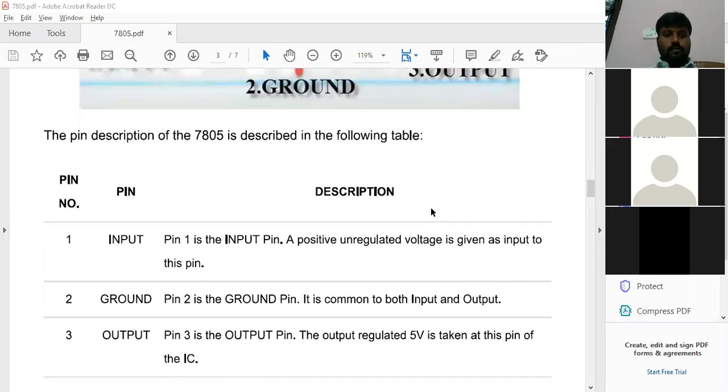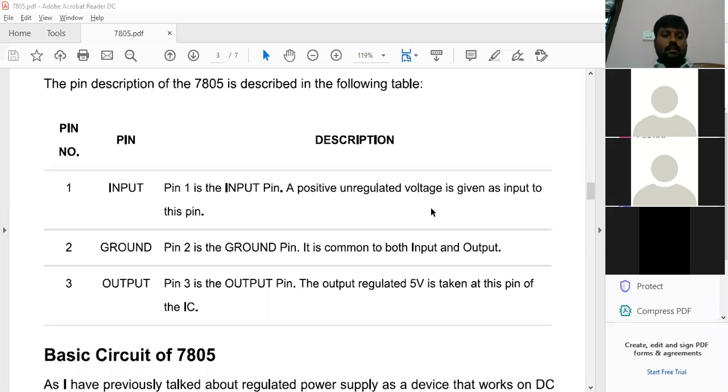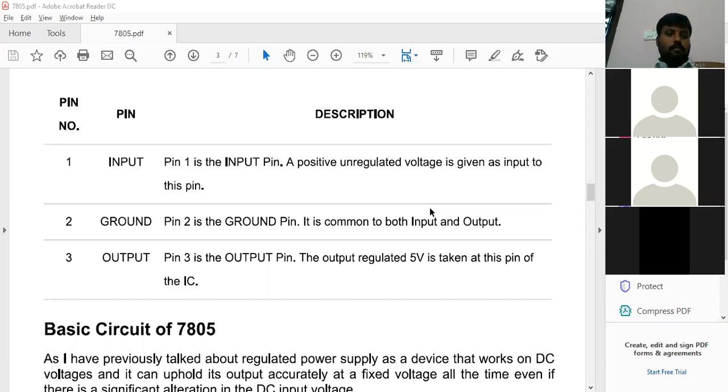Now, here a brief description about these pins. Pin number 1 is the input pin. Okay, positive unregulated voltage is given as input to this pin. Okay, unregulated input. Where are you getting the unregulated output? Here it is from the rectifiers, in the regulated power supplies.